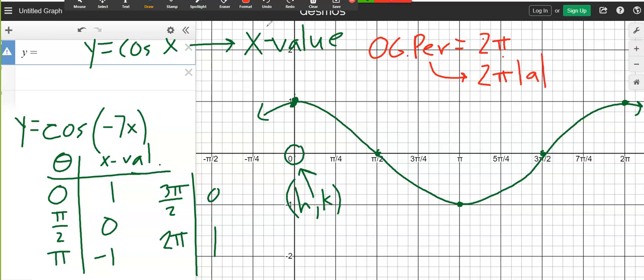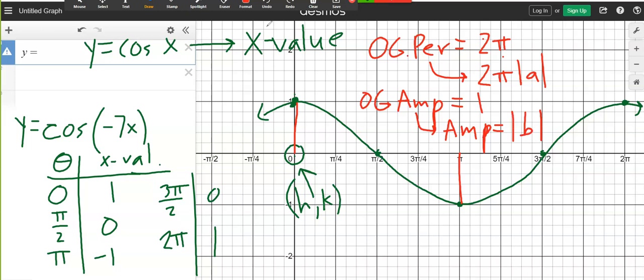So what is the OG amplitude? 1. So that means the amplitude for the other ones is going to be the absolute value of B. It's the same as on the sine function.